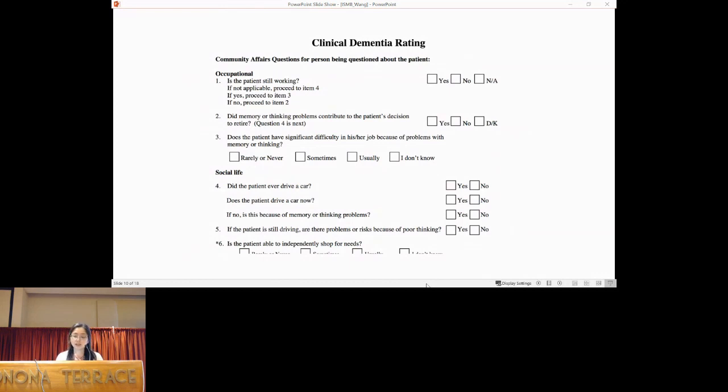These are all questions related to capability, whether the patient can do work, if they have work capacity. And then the questions related to social life, such as: did the patient ever drive a car? Does the patient drive a car now? If not, is this because of memory or thinking problems? So these are actually the impact on life. These are also a very important part of our taxonomy.